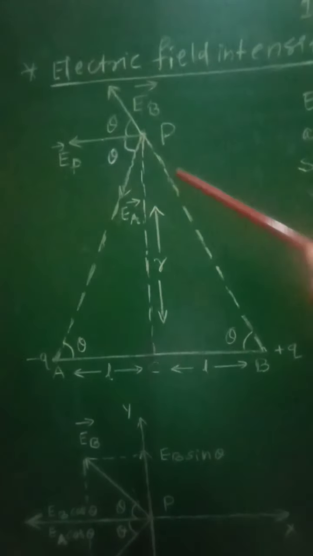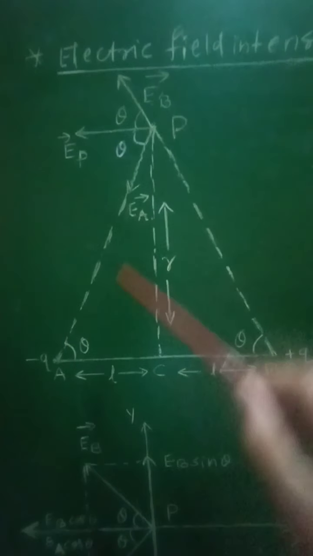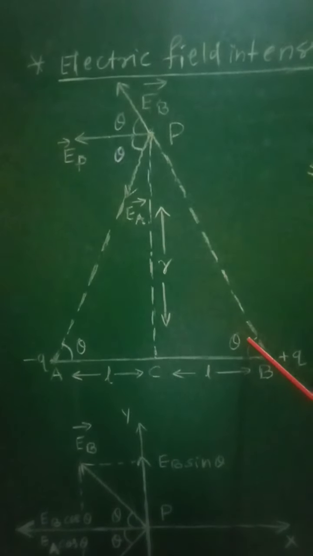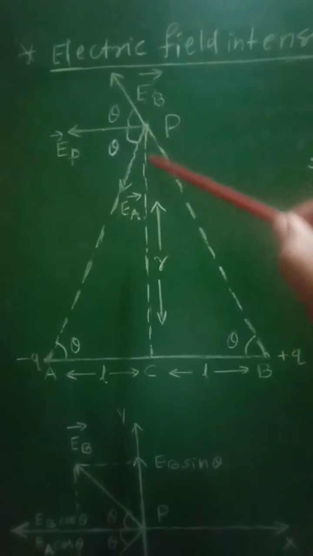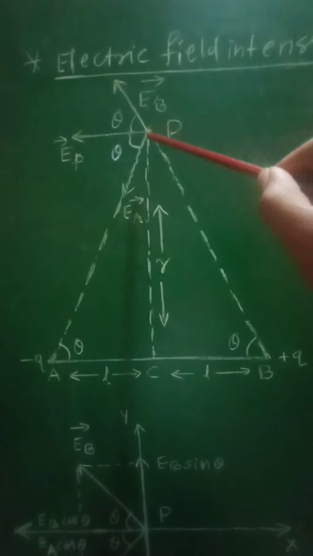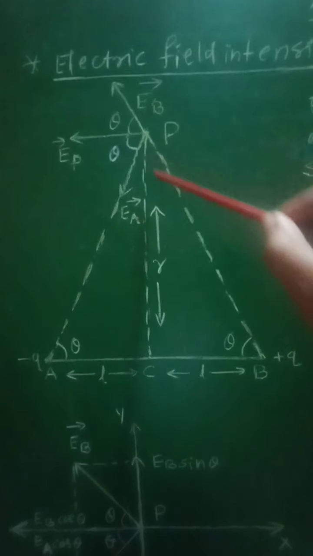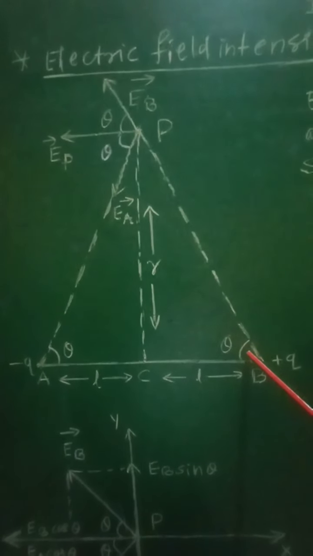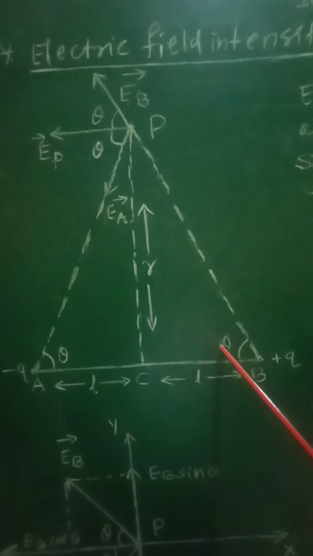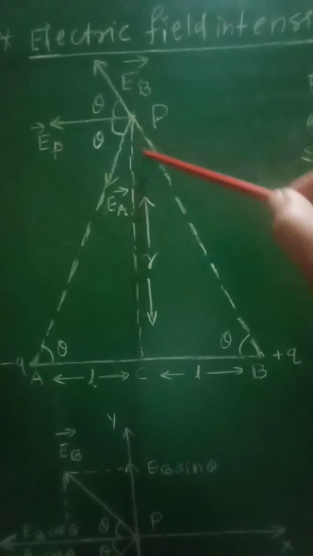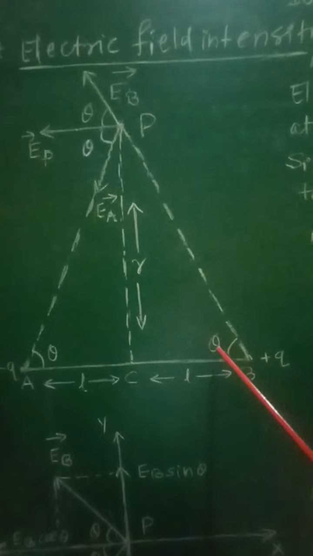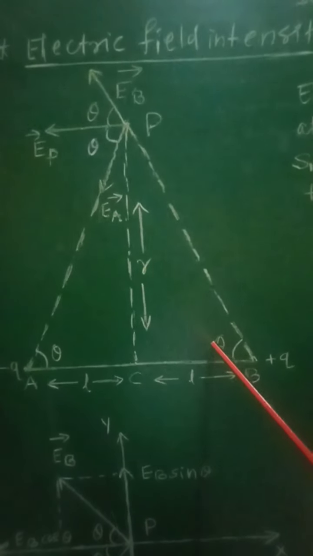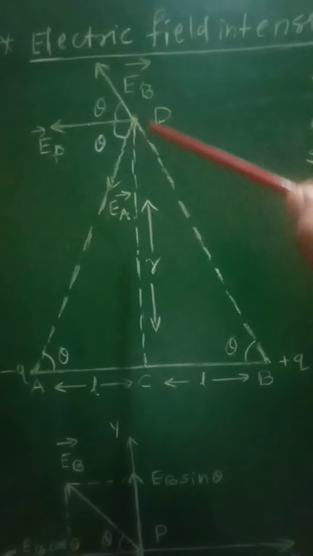Then let us join PA and PB. Now these two points A and B will be equidistant from point P. Therefore PA will be equal to PB. Now let the angle made by PB with AB be equal to theta.